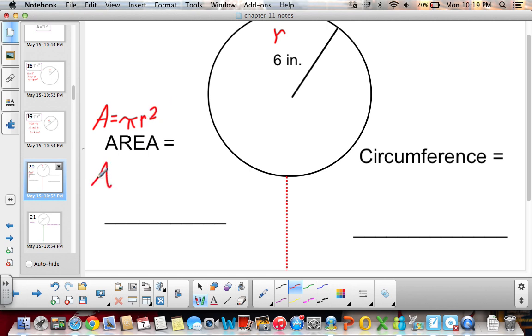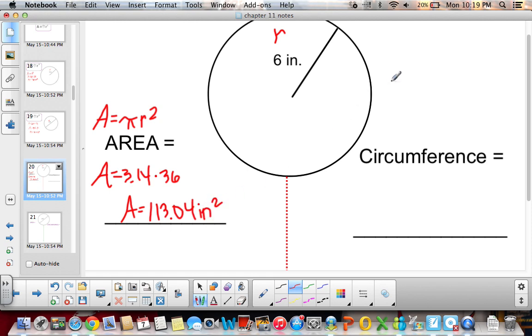So now I do A equals 3.14 times radius squared, and I know that 6 is my radius, so I would put that in. 6 squared is 36, times 3.14 is 113.04 inches squared.